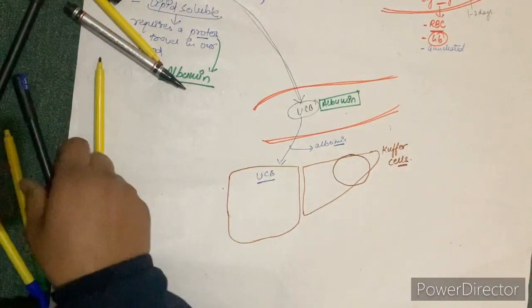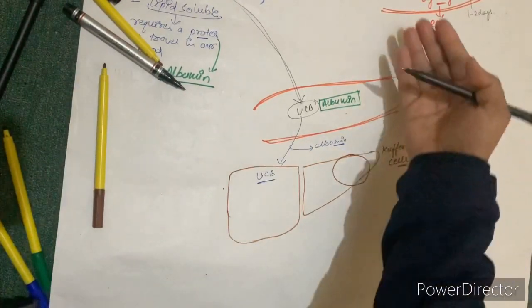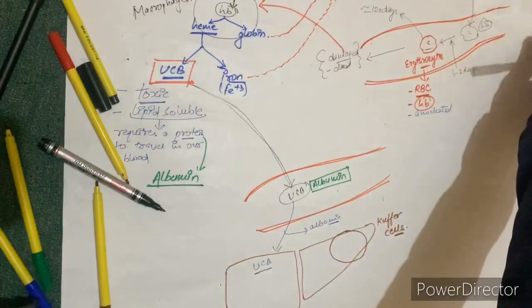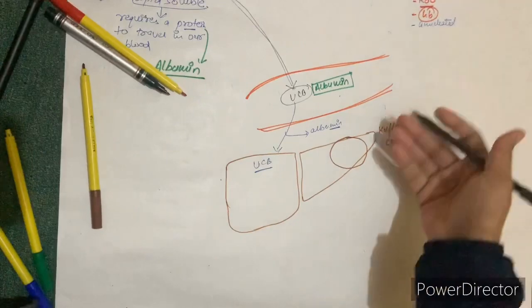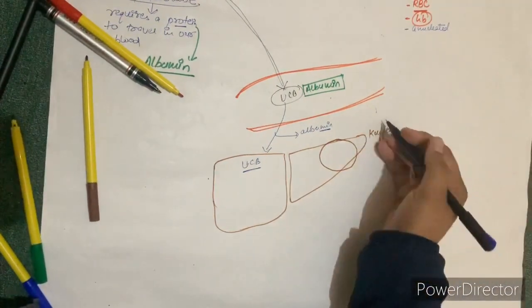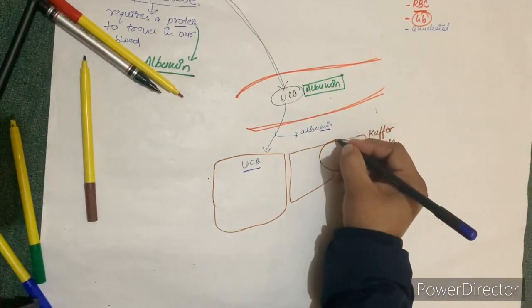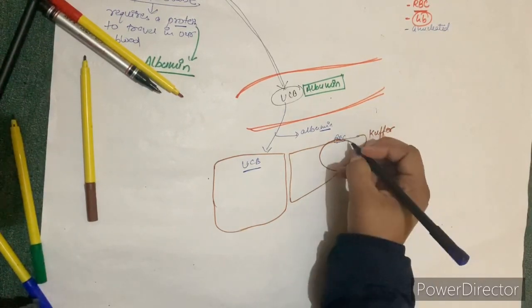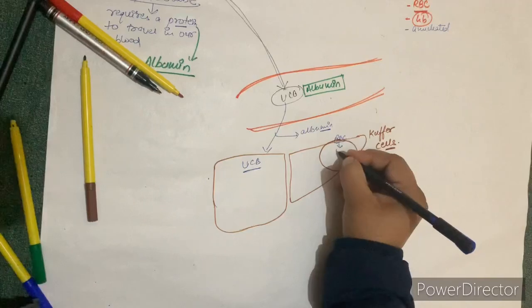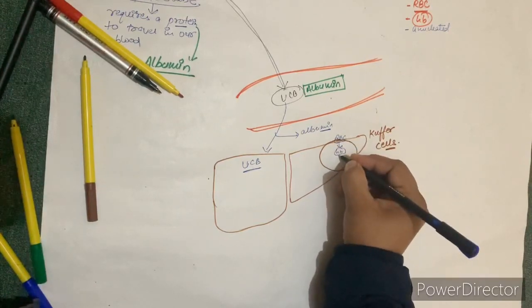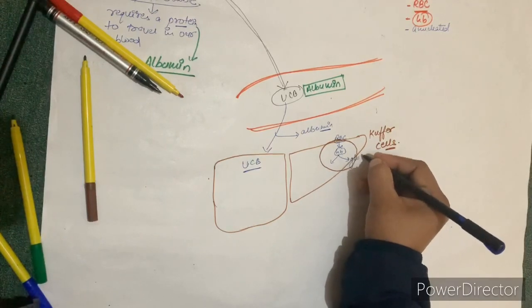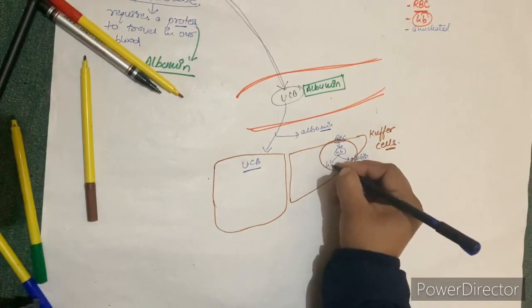As I discussed earlier, dead and damaged RBCs come to the liver, and these Kupffer cells engulf these dead RBCs. Again the degradation of RBCs starts, hemoglobin is released, and it is broken down into globin and heme.